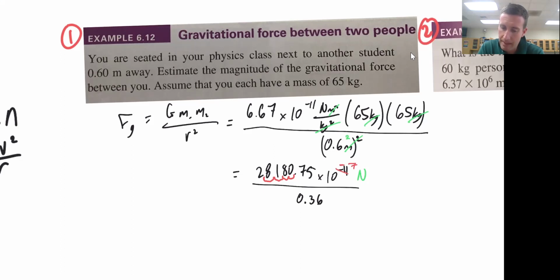And then we'll divide that by 0.36, giving me 7.8 times 10 to the negative 7th newtons.